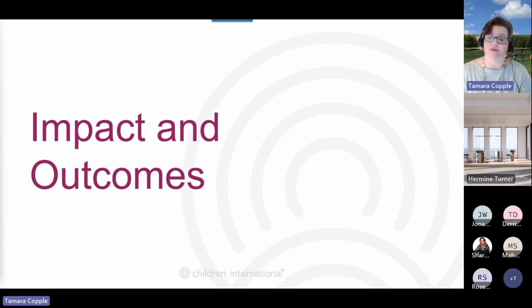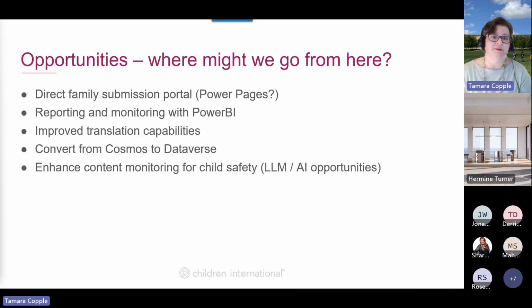So, like I said, scalability is really important to us. And now that we're actually looking into this, we're seeing a lot more opportunities. It's a case of, now that I can see what this can do, what else could we do?